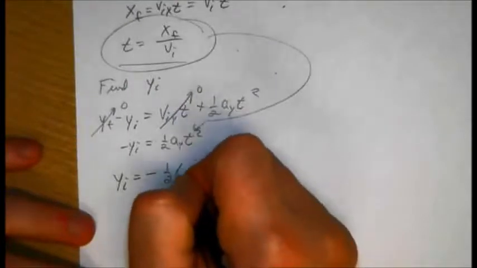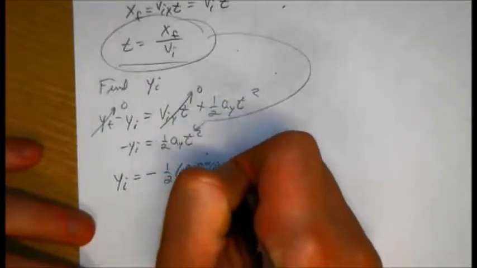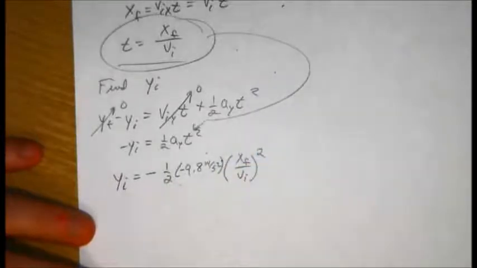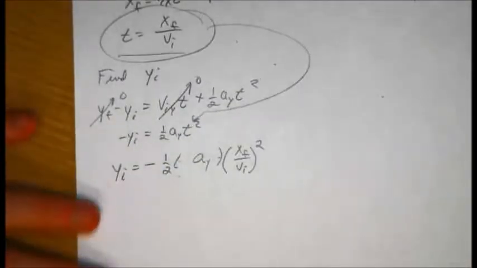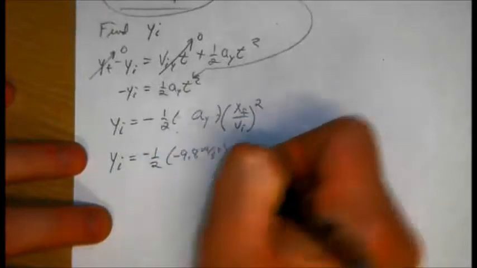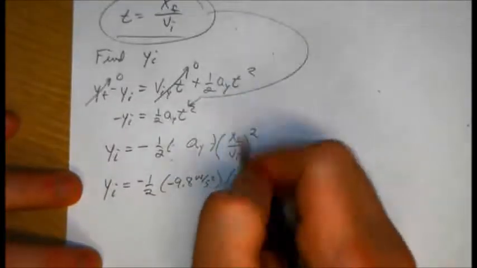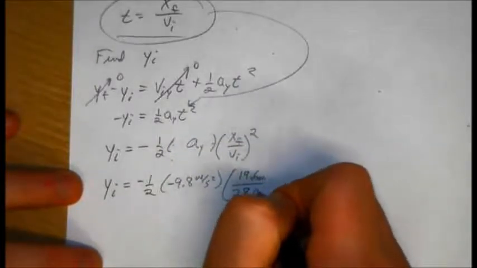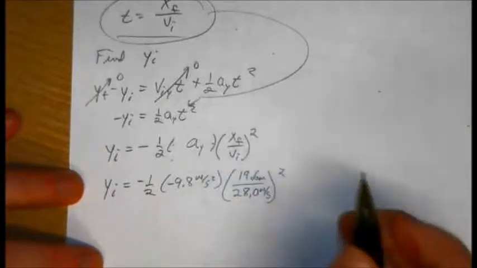Negative 1/2 times negative 9.8 meters per second squared, that's the acceleration, times time, which is x final over v initial, quantity squared. I should have left this in symbolic terms, because everything else is, so I'm going to do that, just to be consistent. So now I can plug everything in: negative 9.8 meters per second squared times x final, which is 19.6 meters, over v initial, which is 28.0 meters per second, quantity squared.